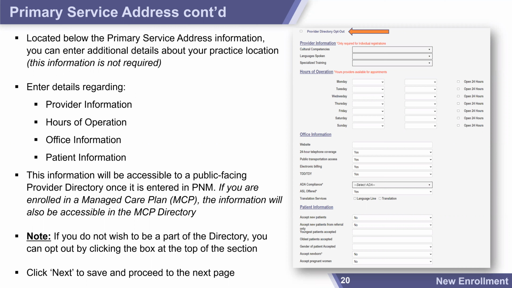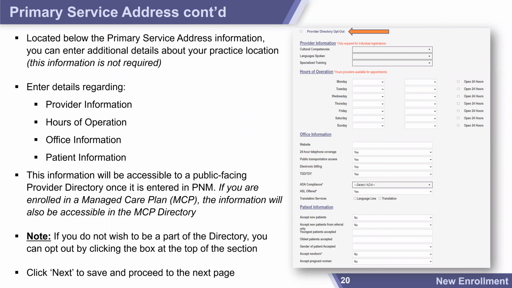You can also, in this spot here, choose to opt out of being in the public-facing provider directory once that gets added to P&M. But this is where you can put your hours of operation for the provider, the website. You can put in any of the patient information for who they are or are not accepting right now.